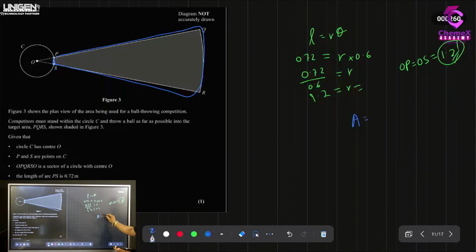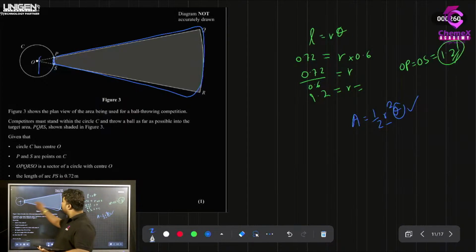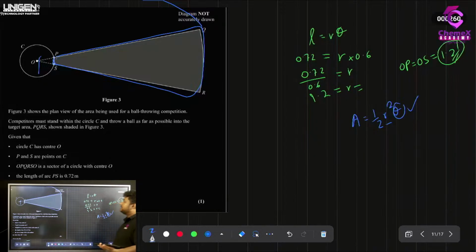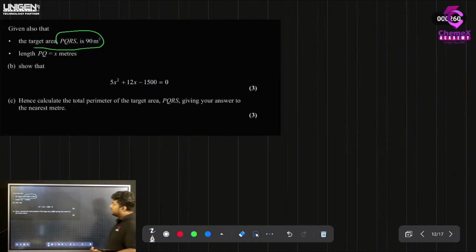Sector area equals half r squared theta, right? Theta is known. R is unknown, because we don't know the radius of the large circle. But we know the OP distance. Moving on, the PQ distance is given as x.